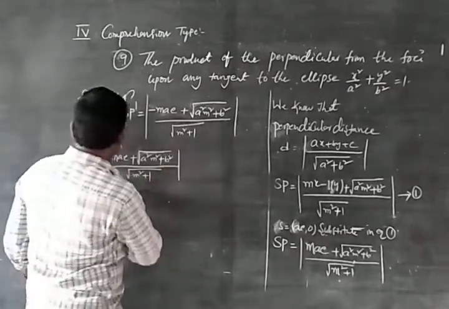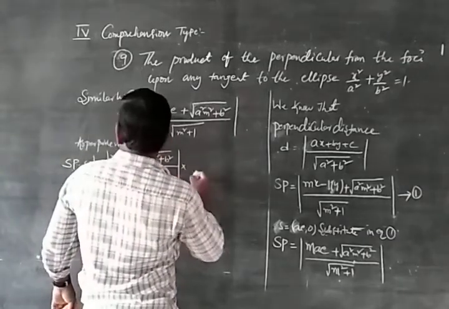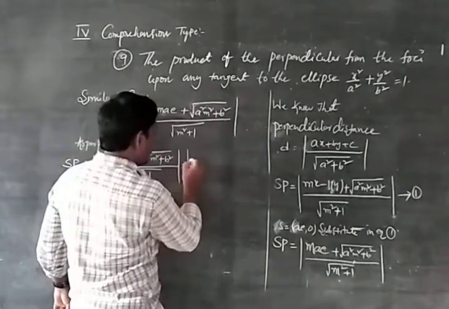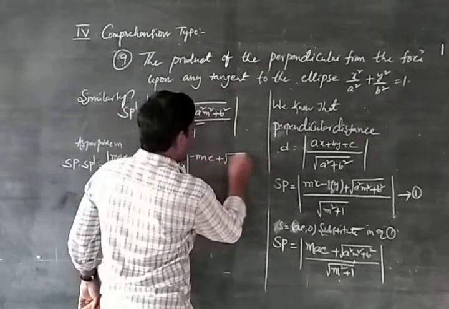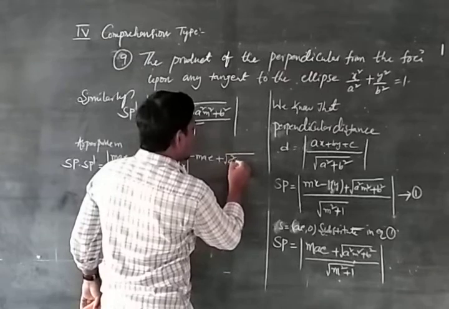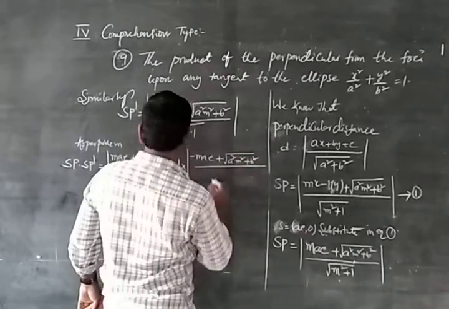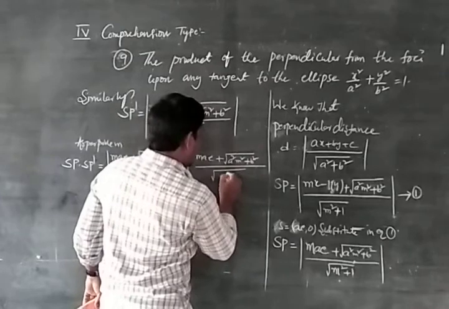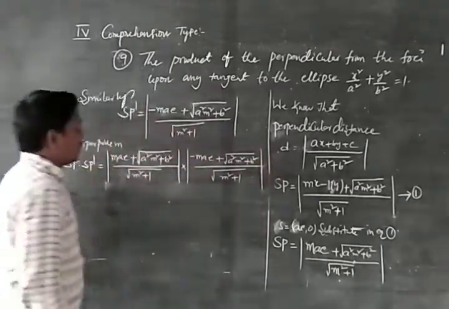This is SP, and we know that SP dash is minus mae plus root of a square m square plus b square by root of m square plus 1. Okay, this is the product.